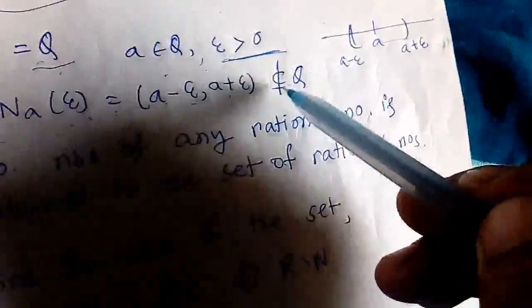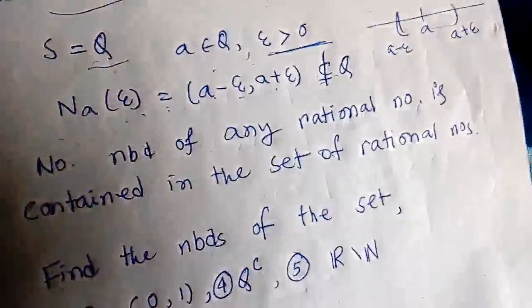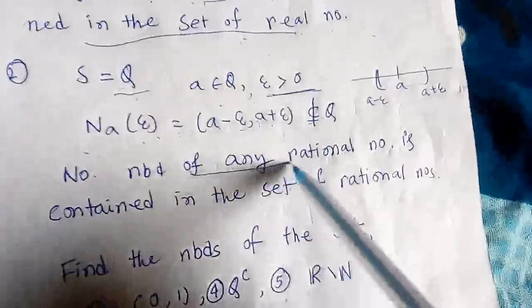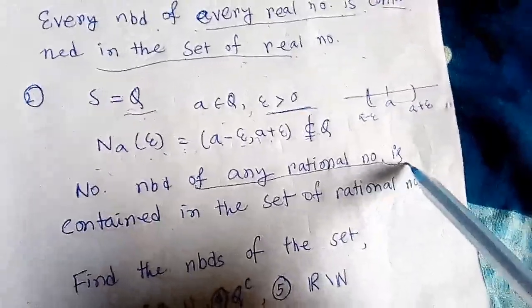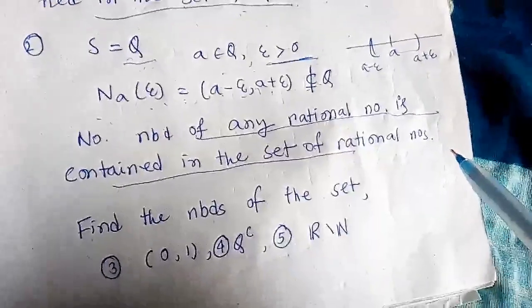So this interval does not belong to Q, as it contains an infinite number of irrational numbers. So no neighborhood of any rational number is contained in the set of rational numbers.